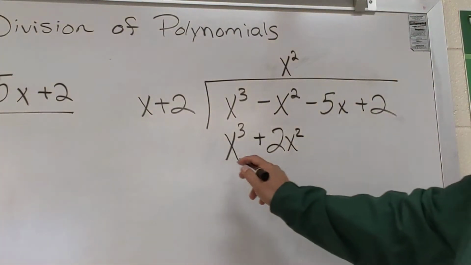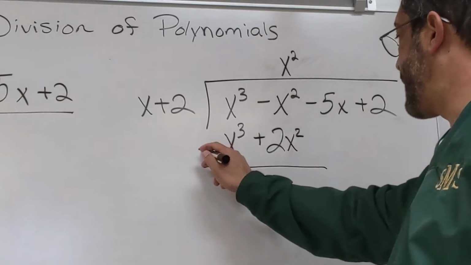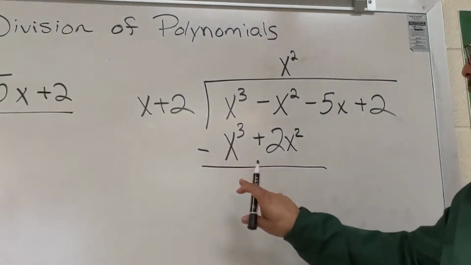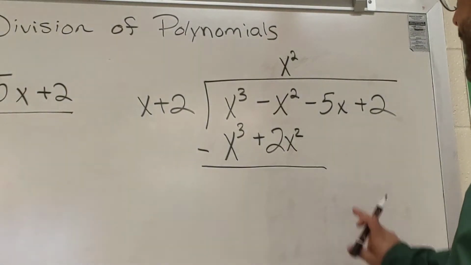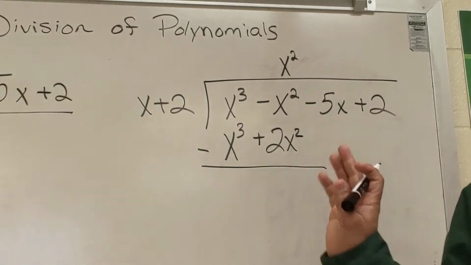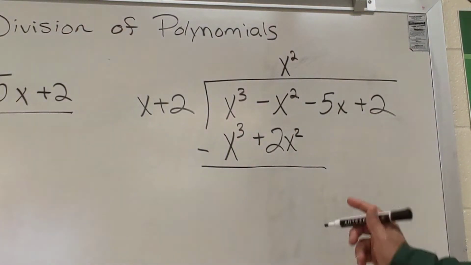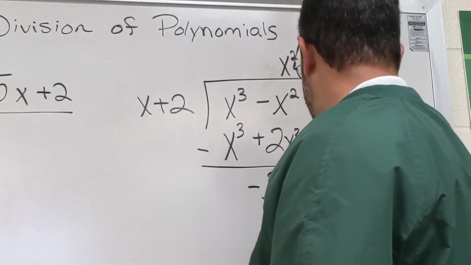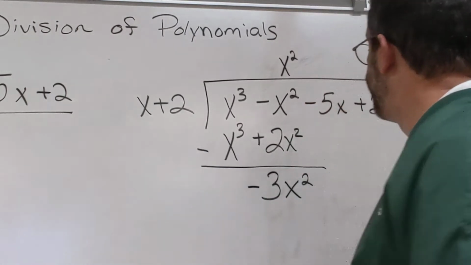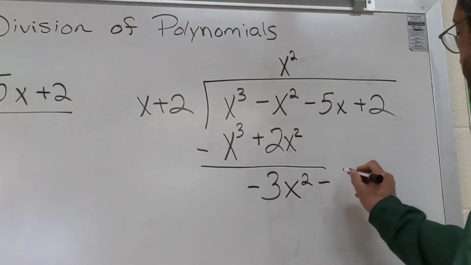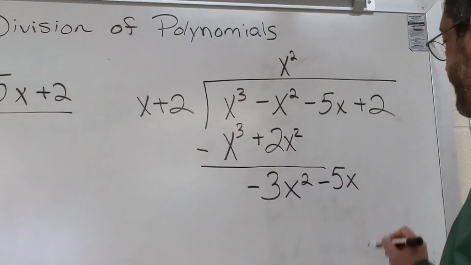All right, so I start here and I do my subtraction. So x to the third minus x to the third is going to give me 0. Now, negative x squared minus 2x squared would give me a negative 3x squared. And then I bring down my minus 5x.